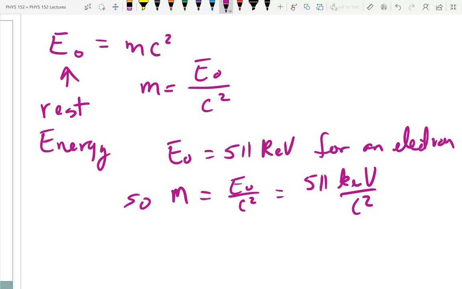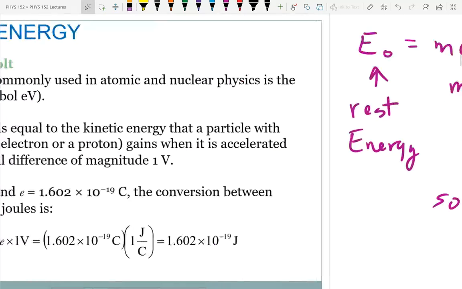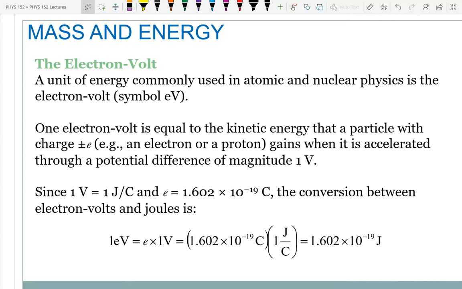So the mass is actually not shown in electron volts, it's in electron volts divided by c squared. But that makes life real simple for a lot of our calculations, and as with everything else in physics, we do things to make it as simple as possible, to make the math easier. So we are going to use the electron volt pretty much exclusively to measure energy as well as mass in the coming days.